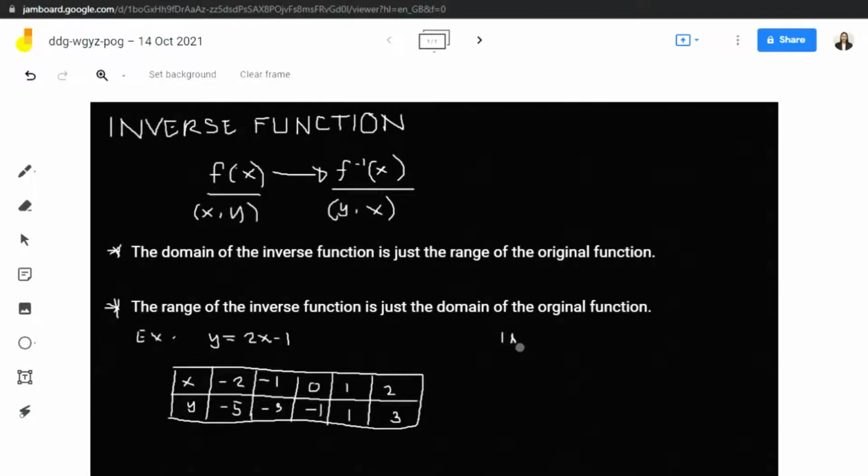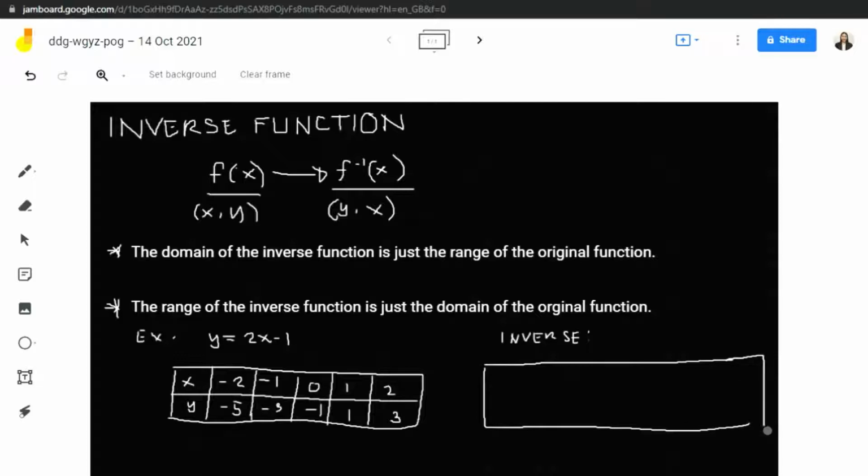When it comes to the inverse, the table of values will look like this. Just like what we did here, we will be simply interchanging the variables x and y. So we have here x, y.